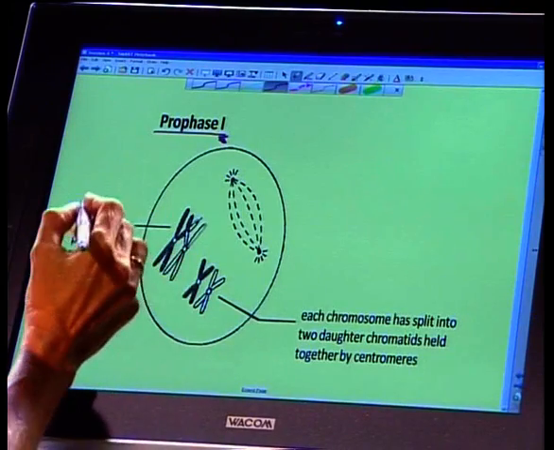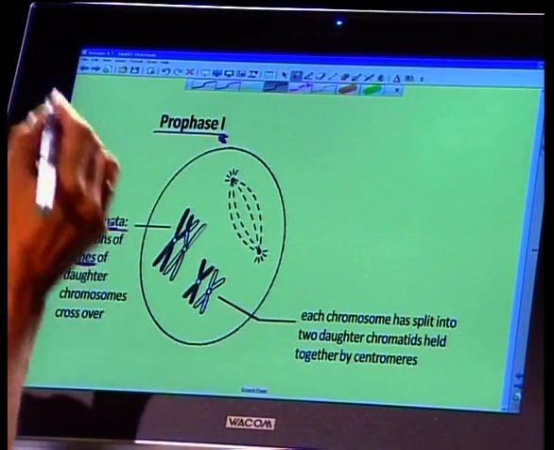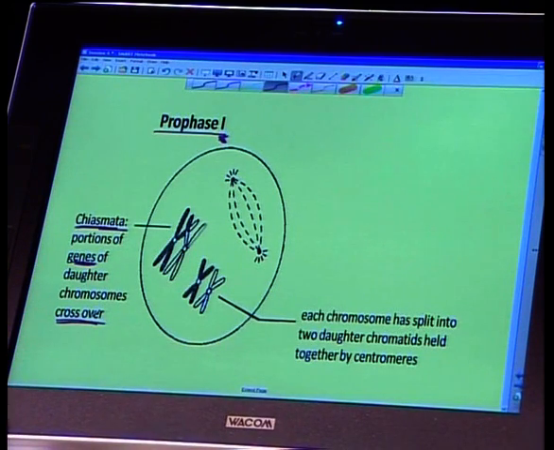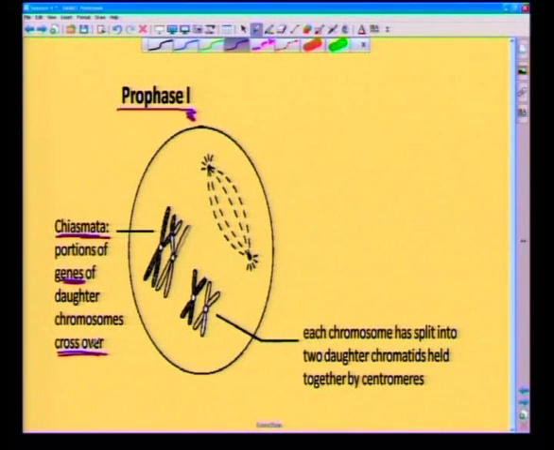So the chiasmata, very important. It is the crossover. Now, it is not crossing over or crosses as you have in genetics. So here we're not talking about a cross, saying this male and that female, and we're crossing them. This is called crossing over. So here we've got the two chromosomes. There they are.